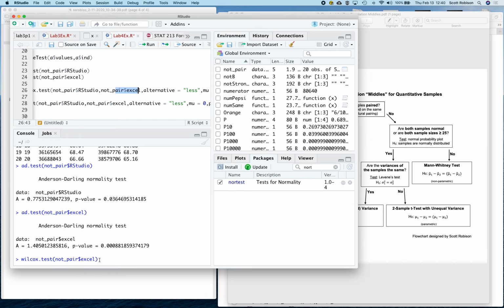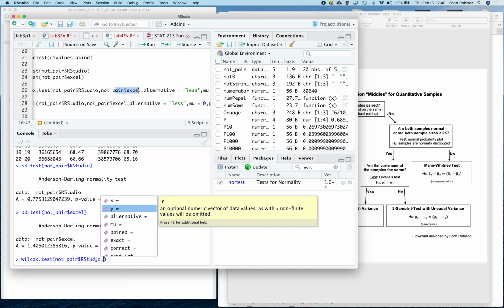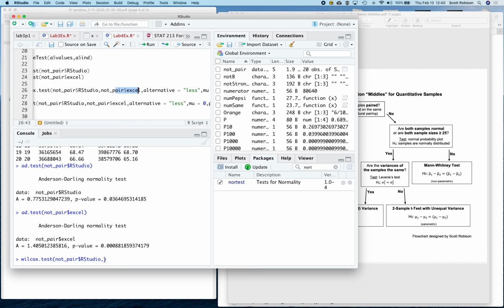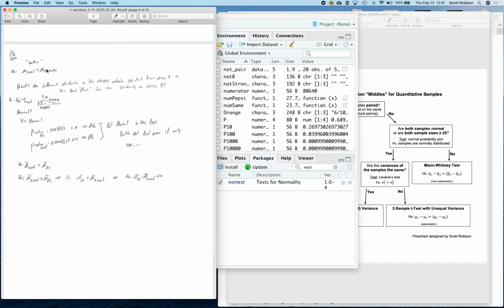But if I don't put Excel first, if I put the RStudio group first, and I put the Excel group second, then the sign flips from being greater to being less than. Okay, so here, that's what I tried to show. If I had Excel first and RStudio second, the sign would be the greater. If I have RStudio first and the Excel group second, then the sign is not greater, it's the less than.